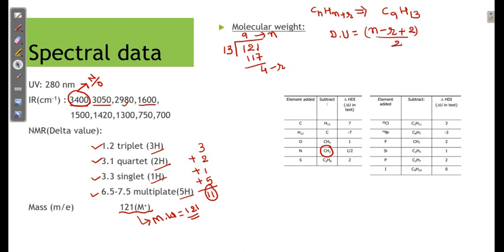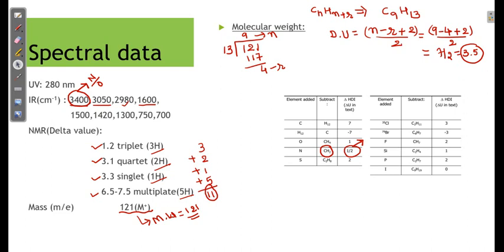So 9 minus 4 plus 2 divided by 2, which is 7 by 2, that is 3.5. But degree of unsaturation is most probably a round figure. So if you calculate with n and r and there is a fractional degree of unsaturation, chances of nitrogen could be there.